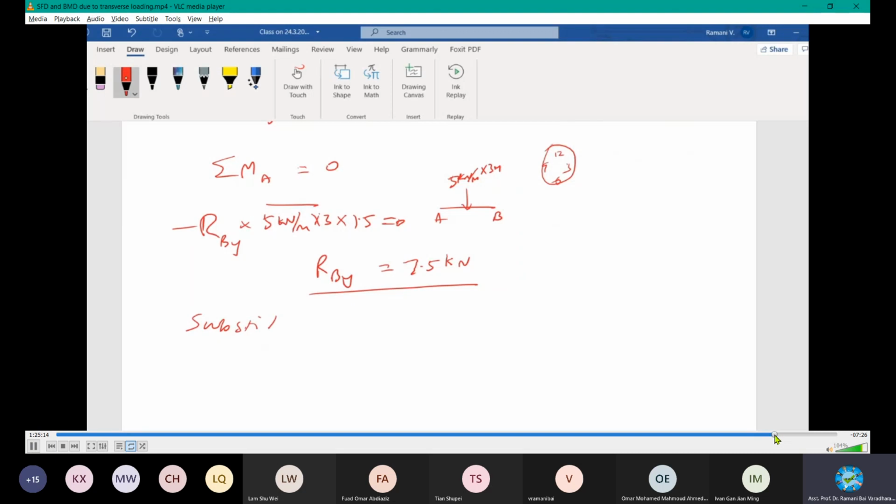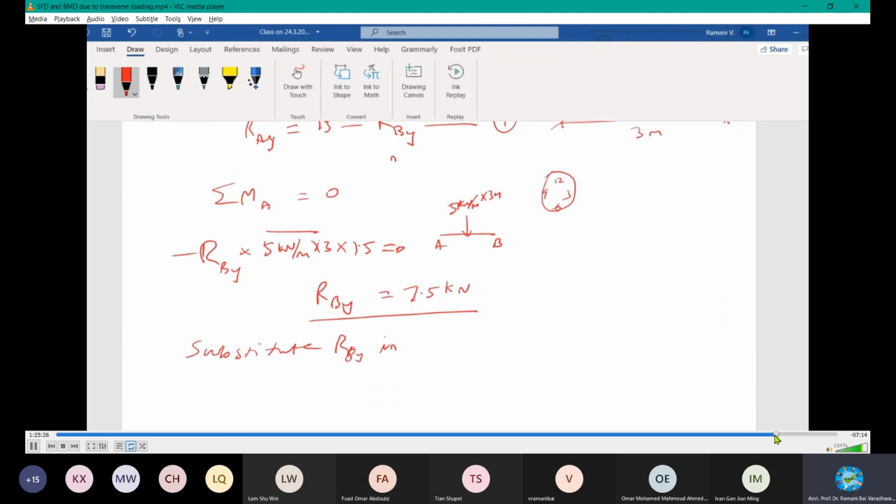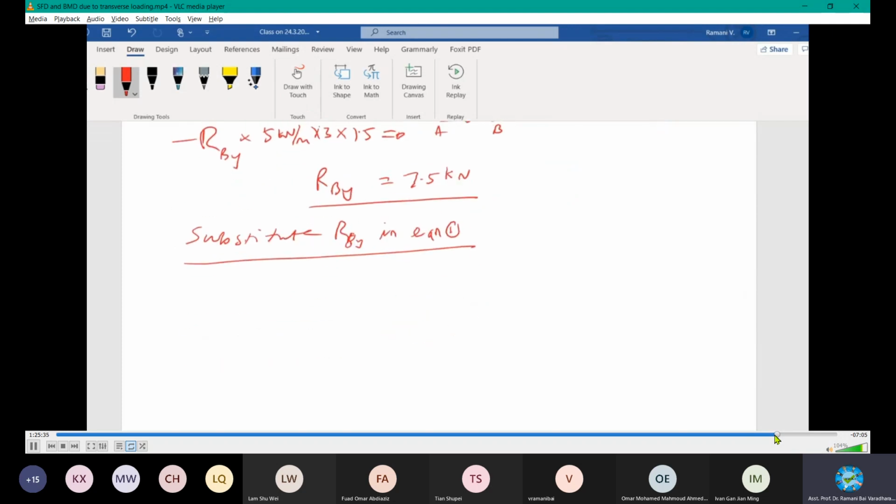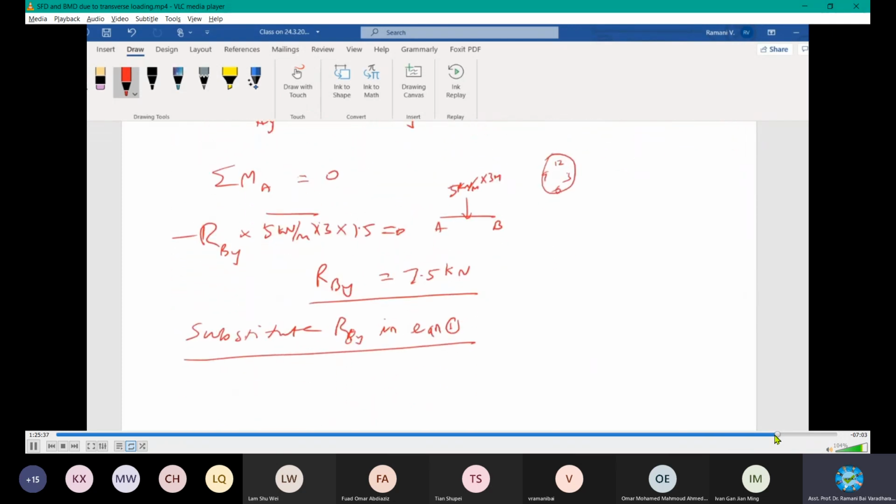Substitute this value, RBY, in equation 1. When you do that, you will have the answer.